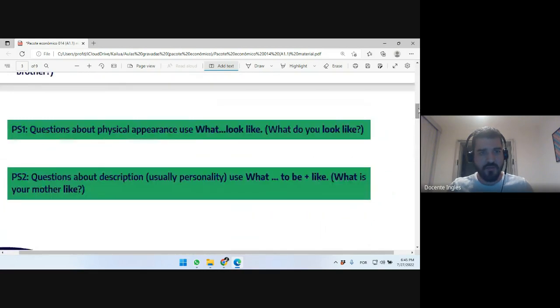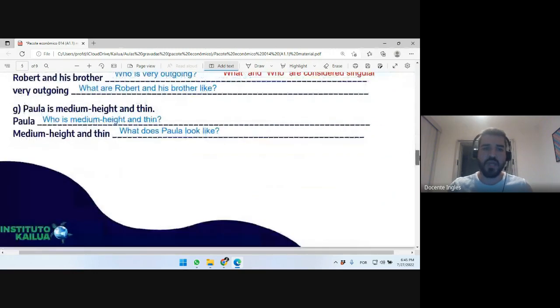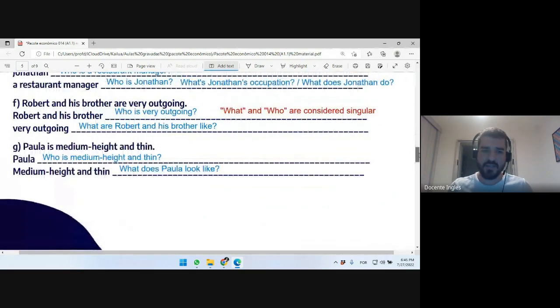Remember, here, physical appearance, what look like? When the question is using you, we use do. What do you? When the question corresponds to he, she, or it, we have to use does. So what does Paula? Paula corresponds to she. So what does Paula look like? Paula is medium height and thin.